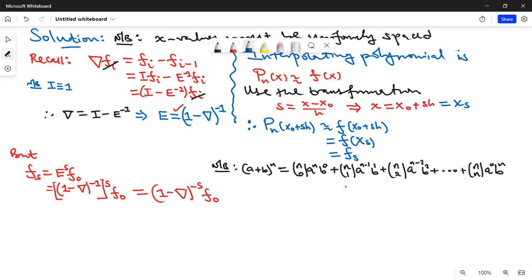So I need to substitute. Where there is a, I'm going to substitute 1. Where there is b, I'm going to substitute negative delta. And where there is n, we are going to replace that by negative s.